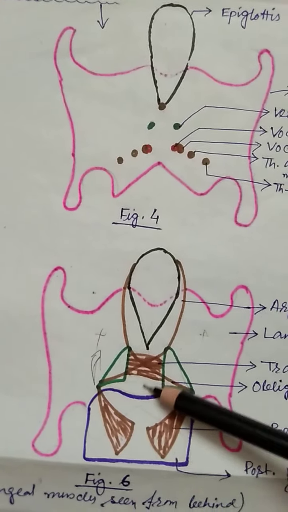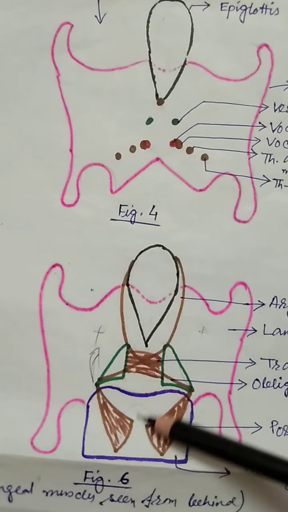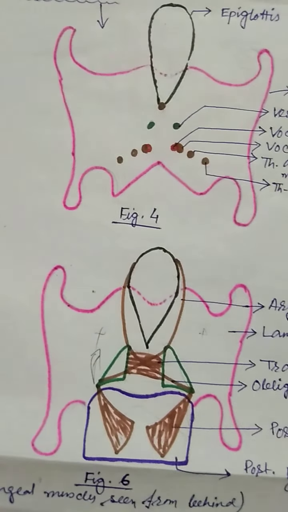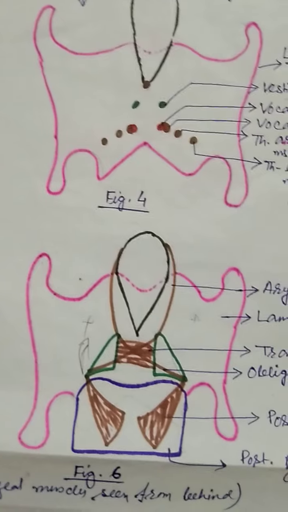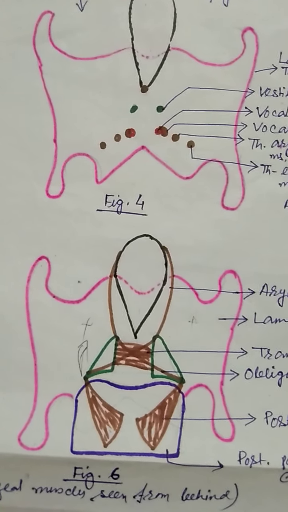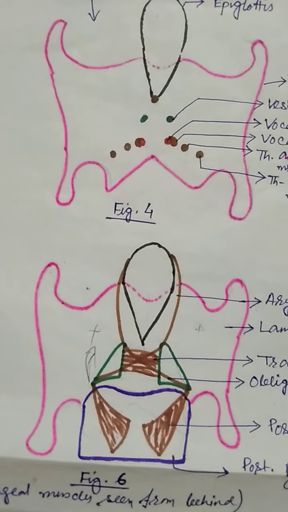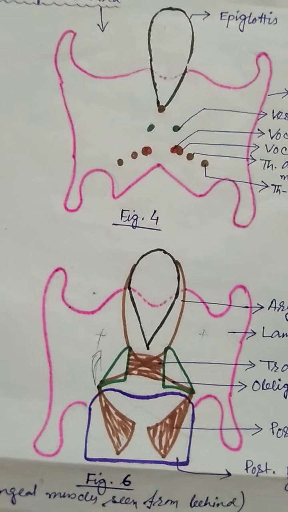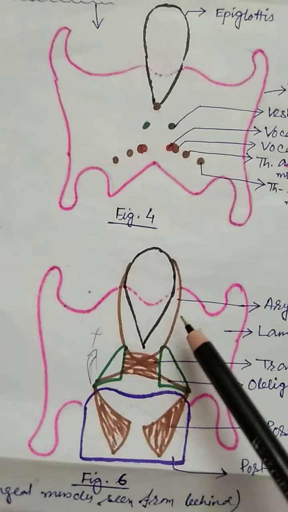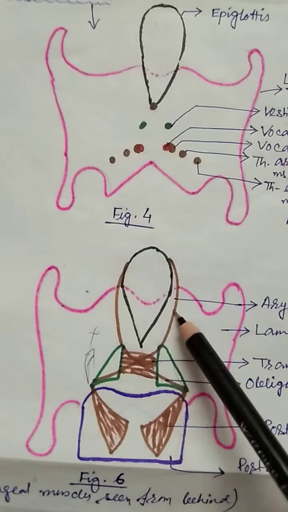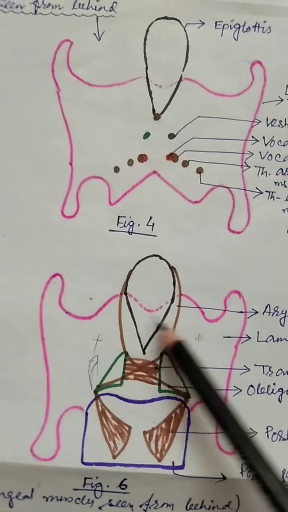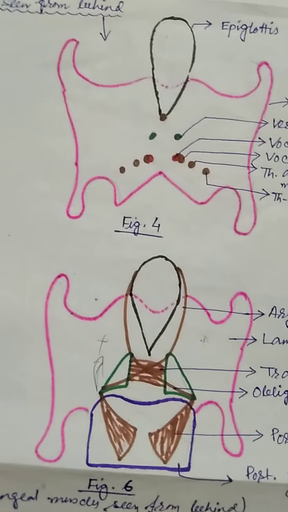This is forming the posterior margin. This is forming the laryngeal inlet. You should underline this, the laryngeal inlet. This is very, very vital. In human beings, the laryngeal inlet is closed by the apposition and contraction of the two laterally placed muscles, the aryepiglottic muscles.